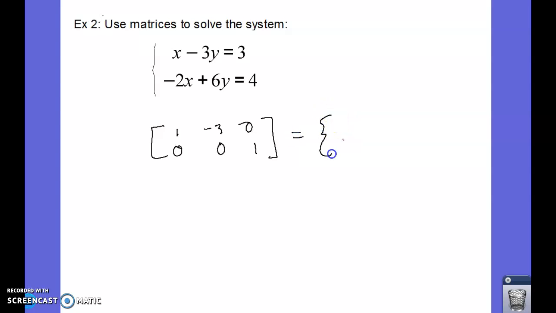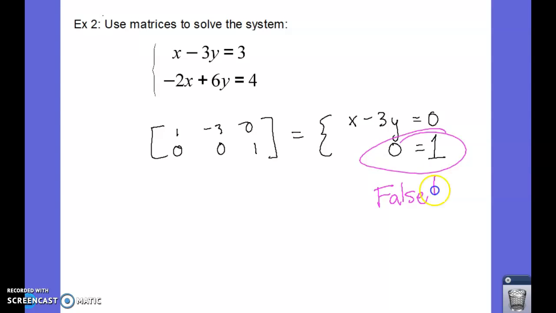That's basically saying x minus 3y is equal to 0. And then the second equation is 0 equals 1. Oh, well, this is a false statement. So what does that mean for us? That means that there is no solution. In other words, these two lines would be parallel to each other. No solution.